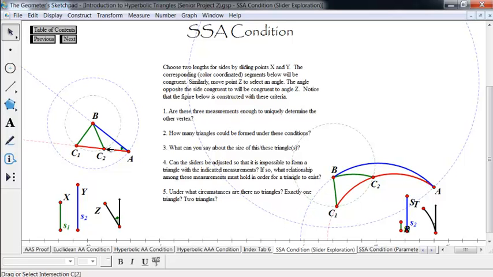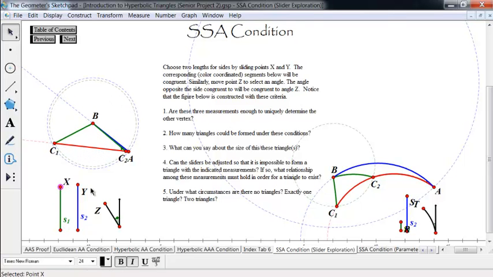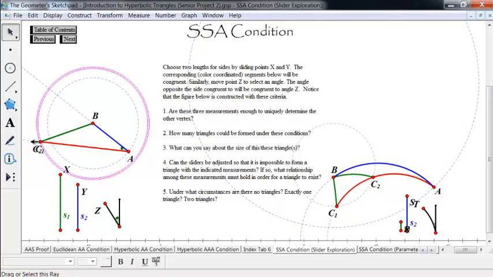Now, if you can get this longer still to where it gets the same length as the blue length, or longer yet, then you'll see that this circle now goes back and it only intersects this ray in one point. It would intersect the line at another point over here, but that's not part of the ray.